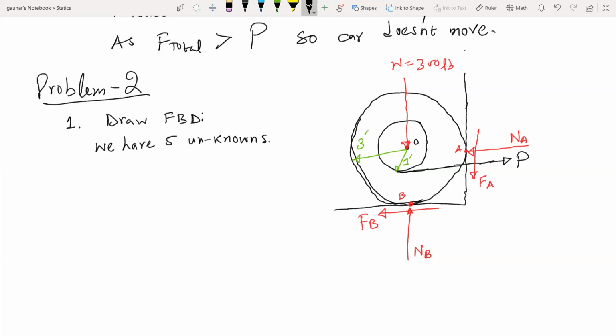So that's how we can make out 5 equations to solve for these 5 unknowns, right? Okay, so we have 5 unknowns, so we need 5 equations. So now step 2, we can apply equations of equilibrium.